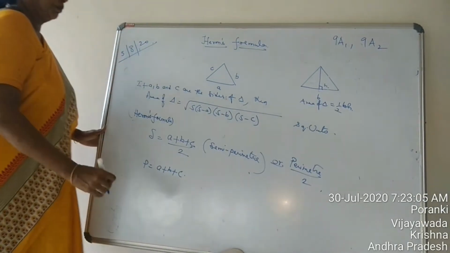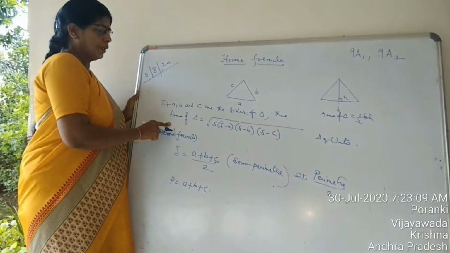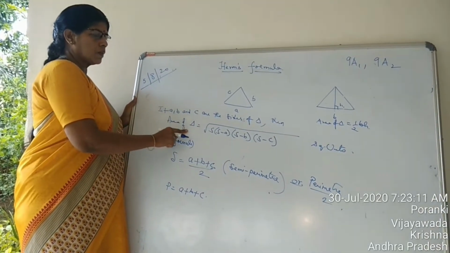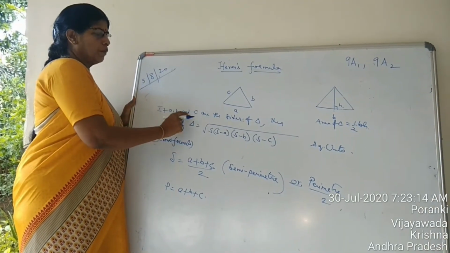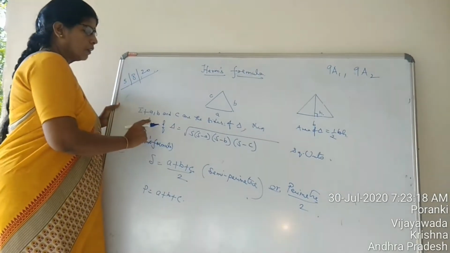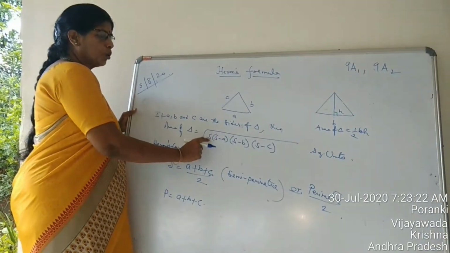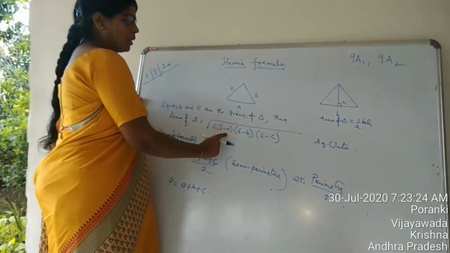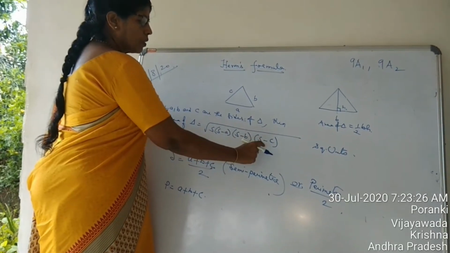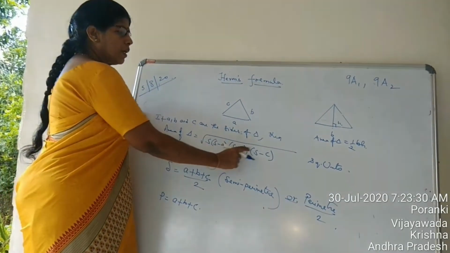In some questions they have given perimeter directly. Only one formula for this chapter, children, related to sides of a triangle. If A, B and C are the sides of the triangle, then area of triangle is equal to root of S into (S minus A) into (S minus B) into (S minus C).